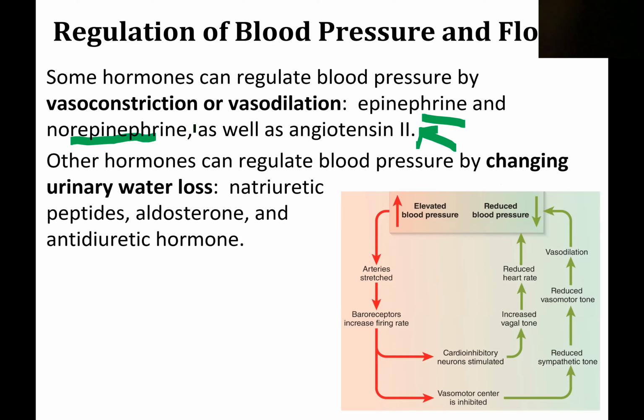Other hormones are going to change water loss through urine. The natriuretic peptide is going to make us get rid of water. Aldosterone and antidiuretic hormone are going to help add water.